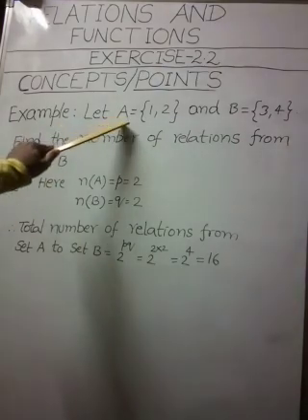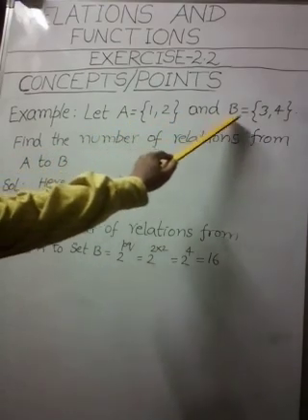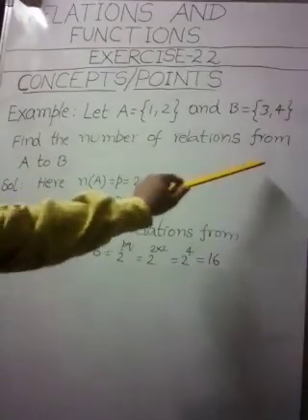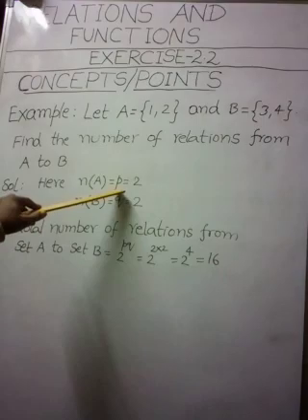Let set A be equal to {1, 2} and let set B be equal to {3, 4}. Find the number of relations from A to B. Okay, my dear children, you have to recollect, bring back that previous knowledge of the number of relations that can be defined from set A to set B. Here n of A, that is P, is equal to 2.